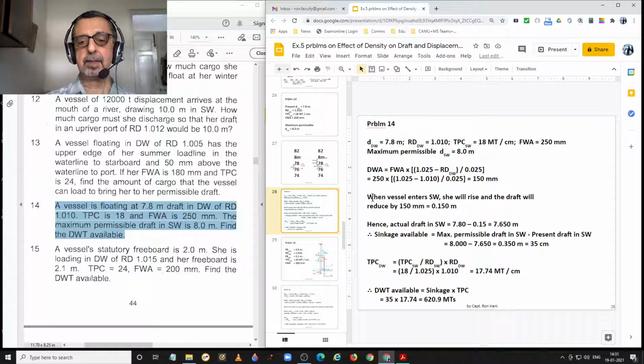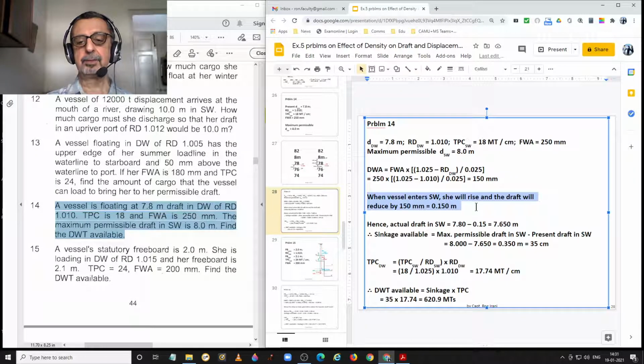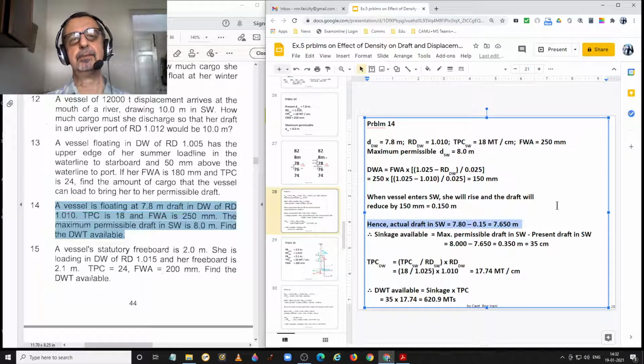When the vessel enters salt water, she will rise and the draft will reduce by 150 millimeters or 15 centimeters or 0.150 meters. Hence the actual draft will be 7.8 minus 0.15 equal to 7.650 meters.